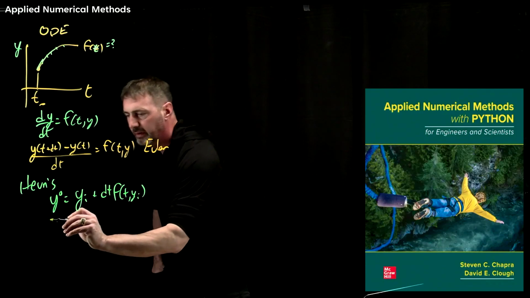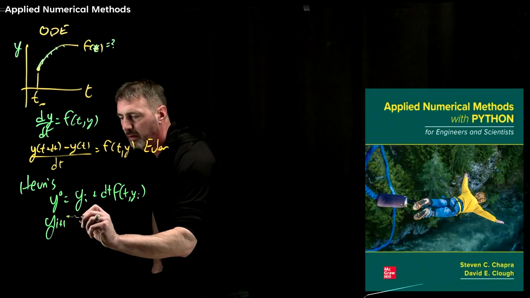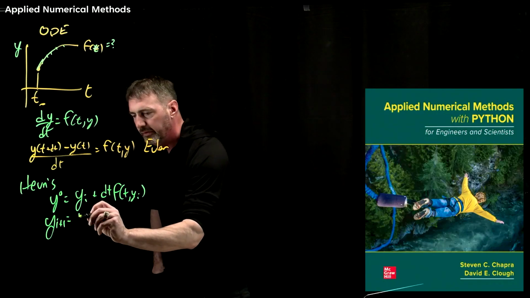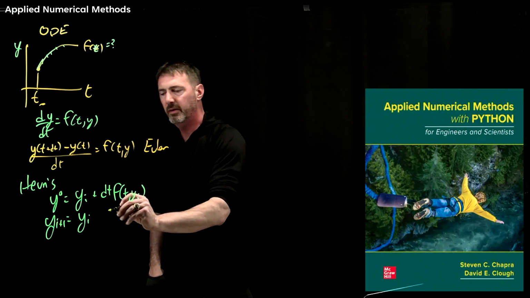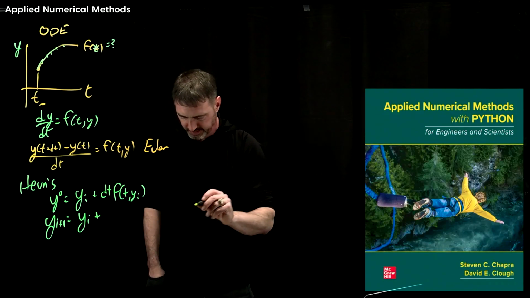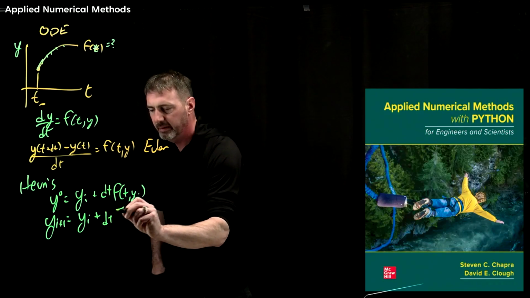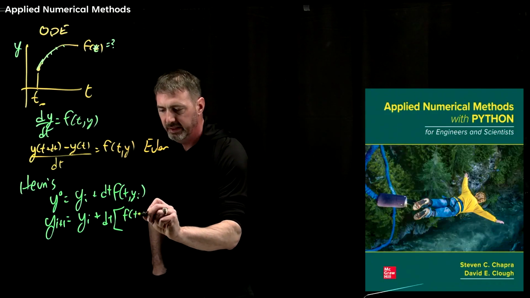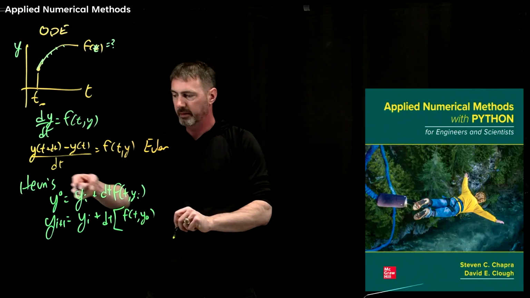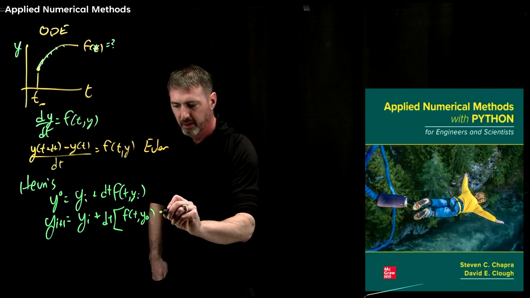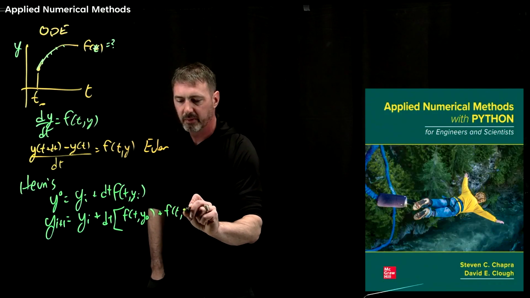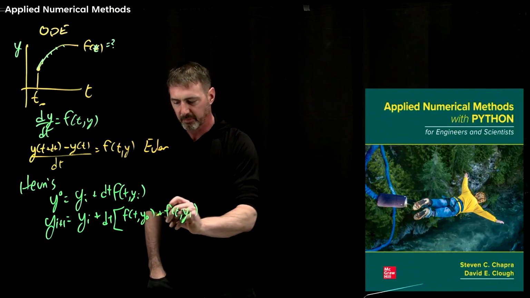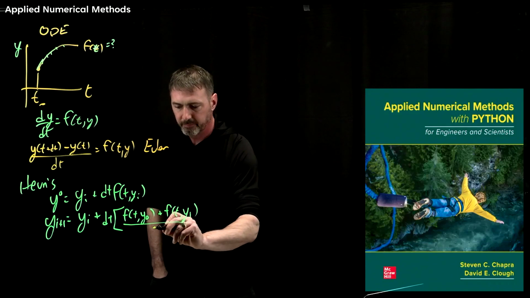Then y at i plus 1 is equal to, again, this original y, plus dt times the average: f at t comma y0, so the y0 comes in here, plus f of t at y, the initial time step, divided by 2.